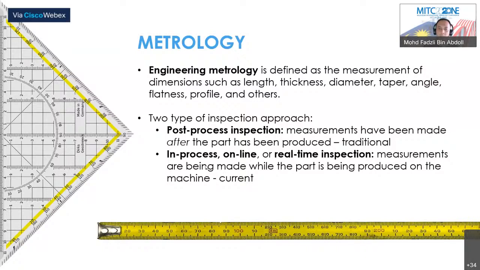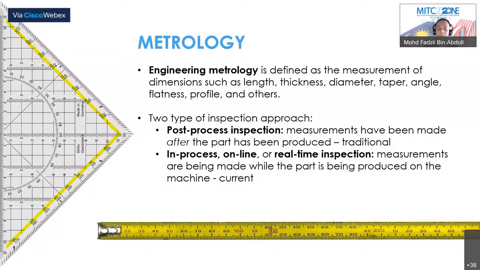Okay, and then the second approach is the in-process ataupun online or real-time inspection. Measurement is made while the part is being produced on the machine. This is the current approach lah. During the machining, we can inspect the part punya dimension online, directly, ataupun in situ.